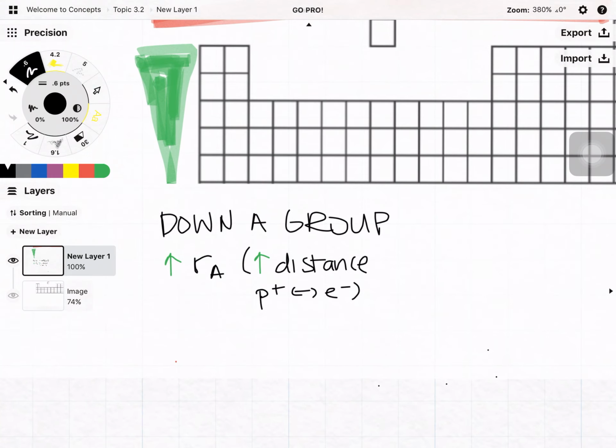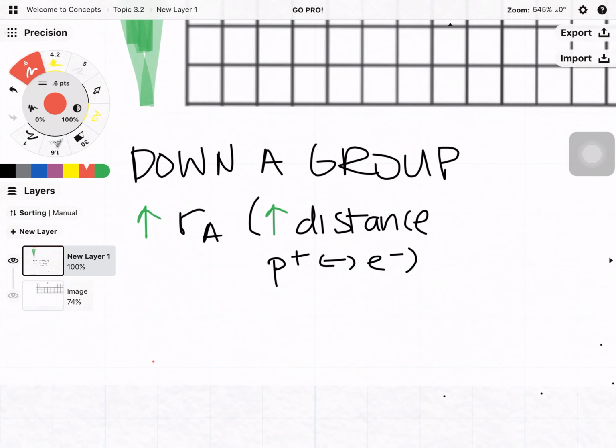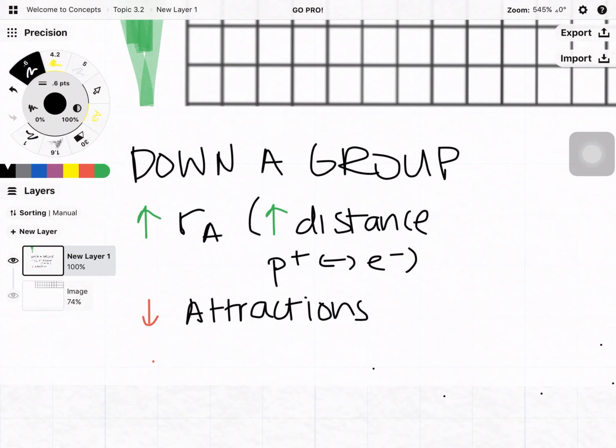Because my radius is increasing, it means that these protons have less attraction to those outermost electrons. Again, because they're so far away, they experience less attraction to the outermost electrons. So less attraction between the protons and the outermost electrons.